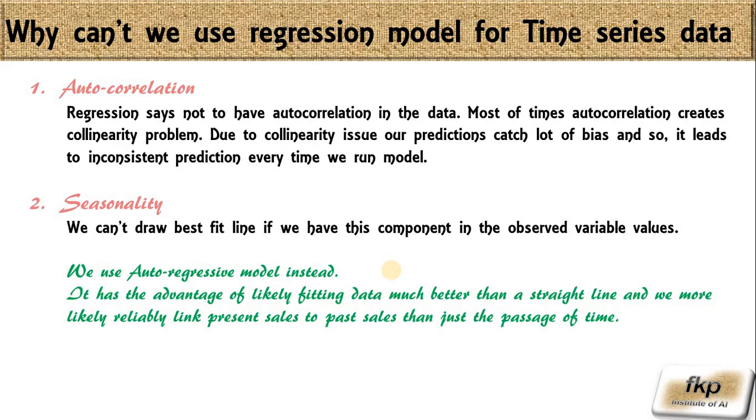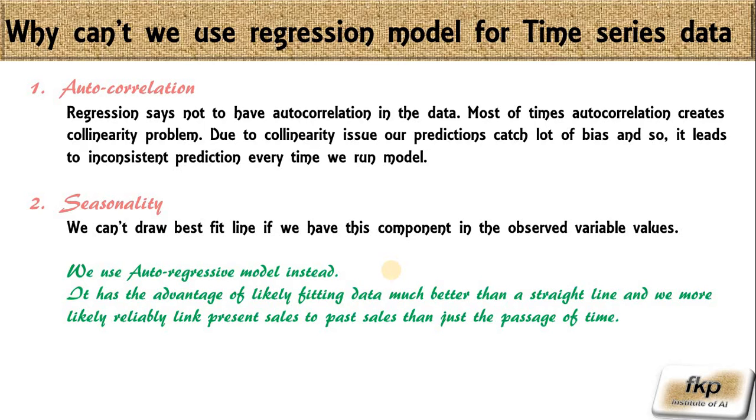Sometimes the business is at peak, and sometimes we have a low season. I can draw a line, but I may not get reliable or consistent results, because it violates the rules of regression models.